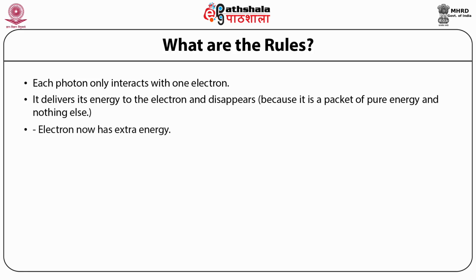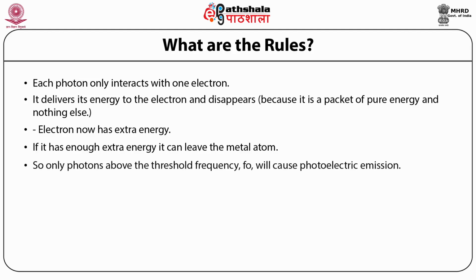The electron now has extra energy. If it has enough extra energy, it can leave the metal atom. So, only photons above the threshold frequency, we call f0, will cause photoelectric emission.